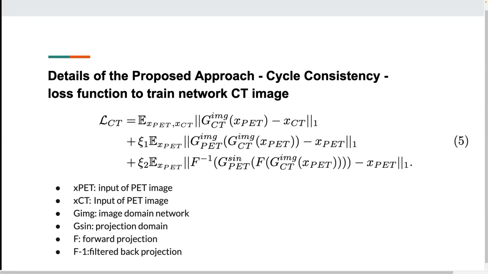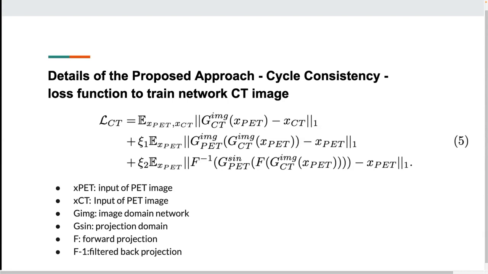The goal for this method is to synthesize the output PET image that is cycle consistent with the input CT image. This means that the synthesized PET image could be transferred back to the input CT domain, and the transferred image should be similar to the original input CT image.